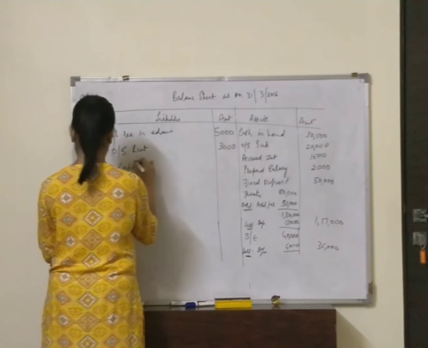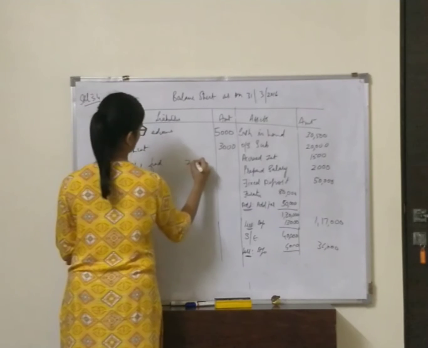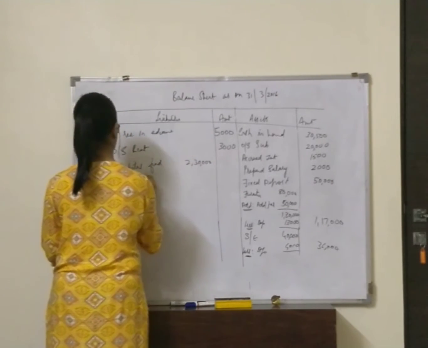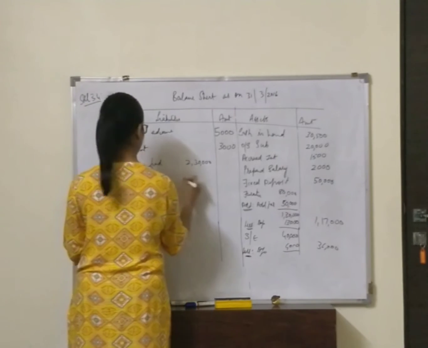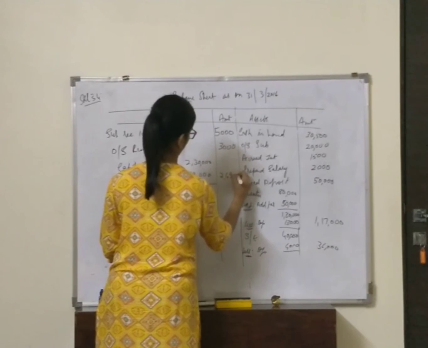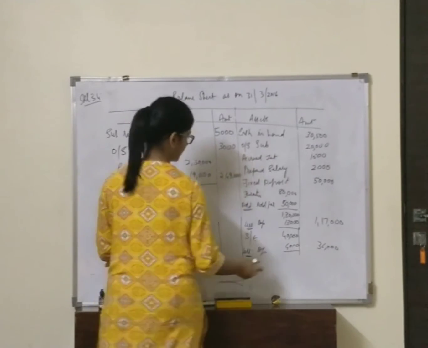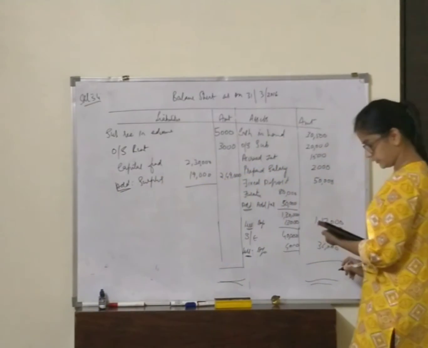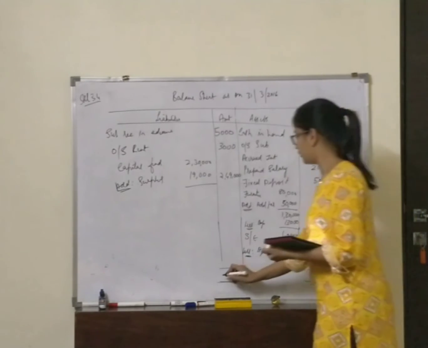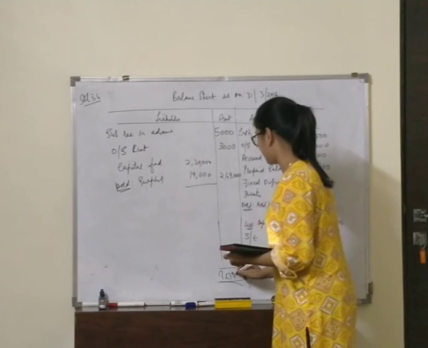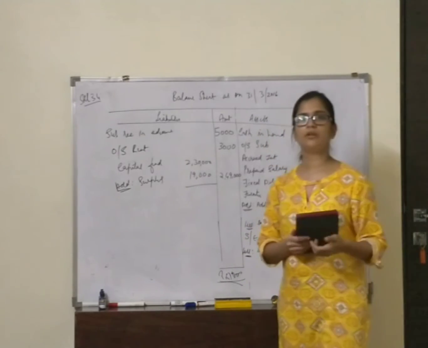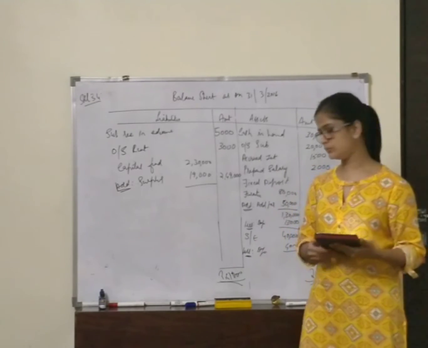Last we have capital fund 2,30,000. Add surplus 19,000. 2,49,000. So total our balance sheet. What is the total? 2,57,000. 2,57,000. Clear? So take down working notes.